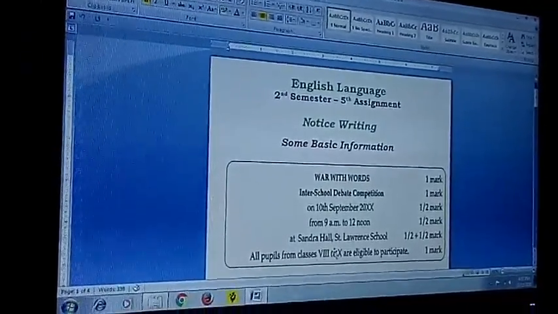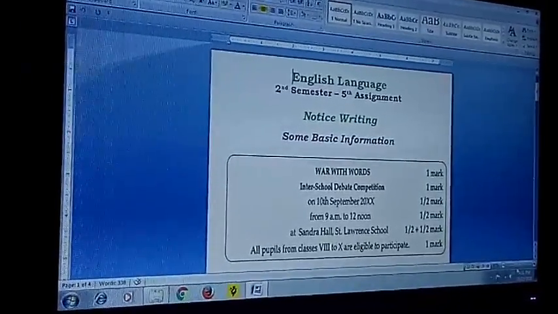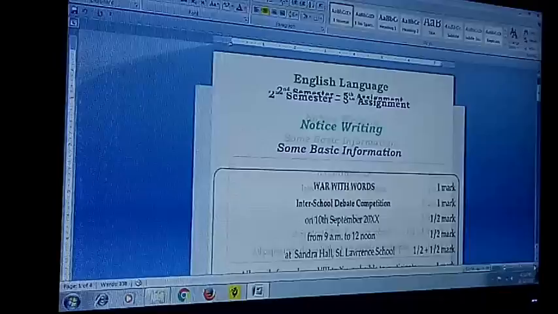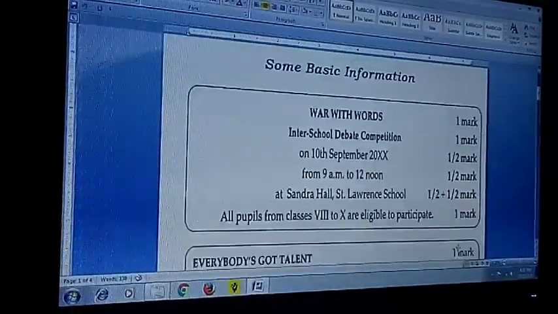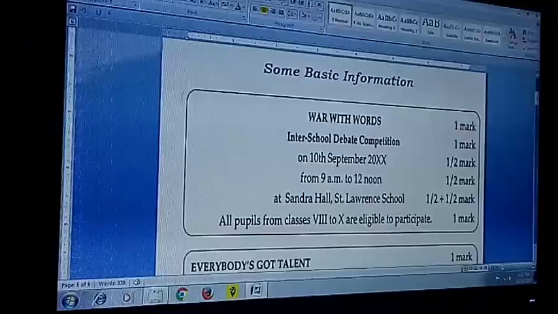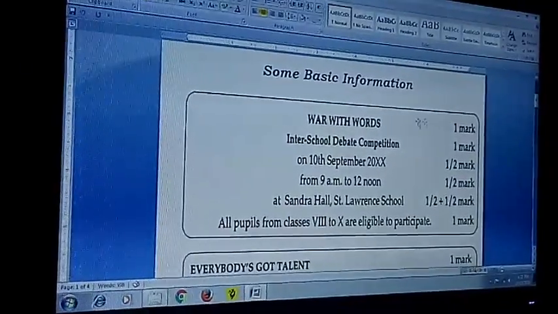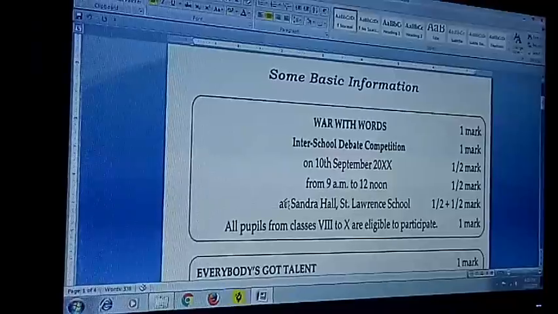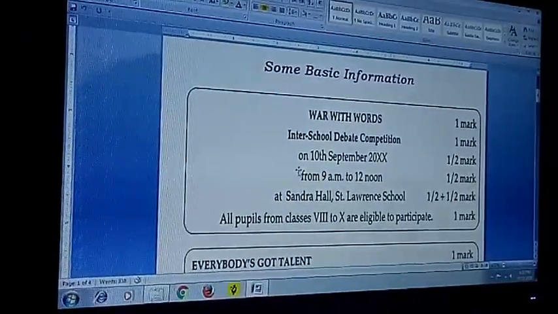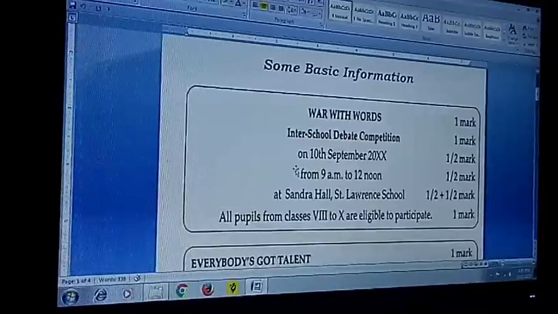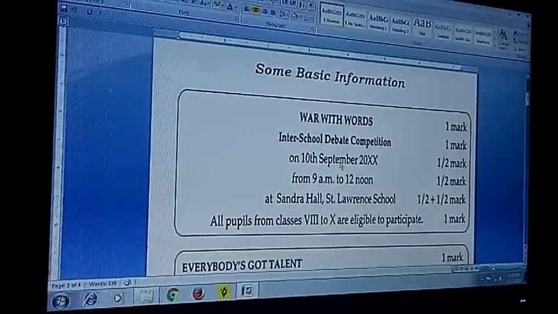So we are starting the notice writing, and to do that, let us start with some basic information. You can see this is more or less the format. When you do the notice writing, there are two ways of writing.